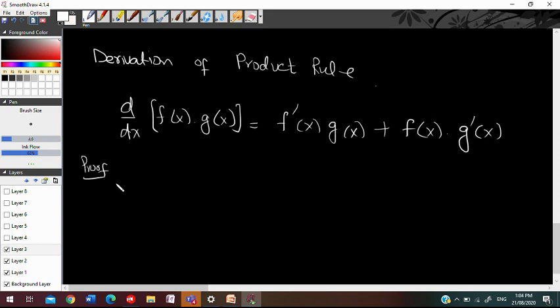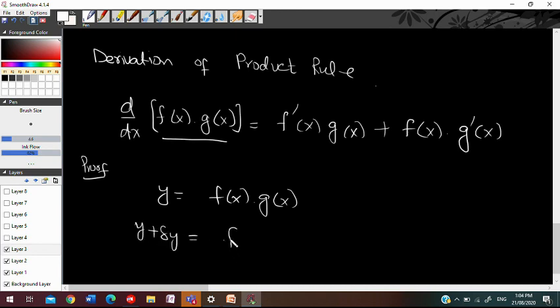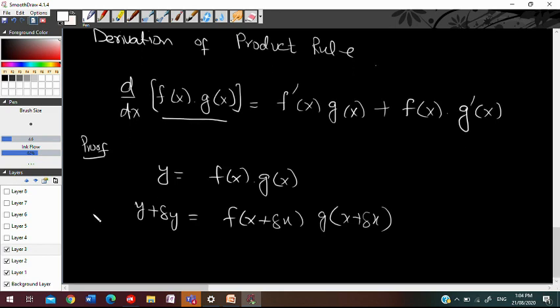Same step, y is equal to f of x into g of x. This is your f of x. And the second step, increase in y as well as increase in x, x plus del x. And the next same step is what? We subtract equation 2 from 1. This is your second equation and this is your first equation.